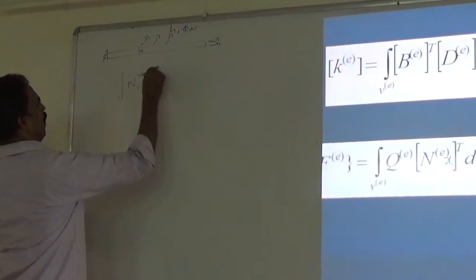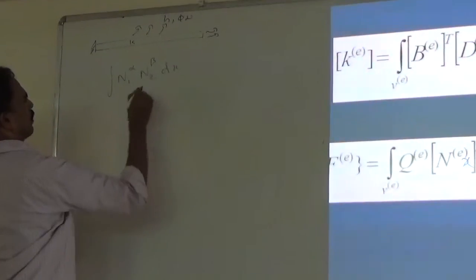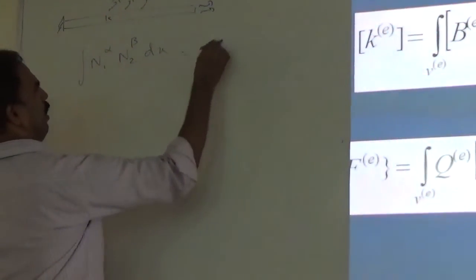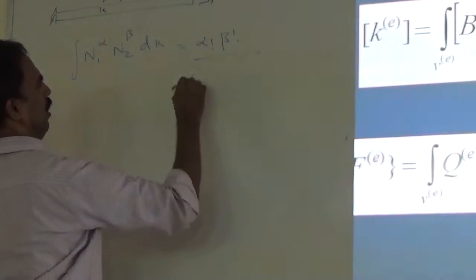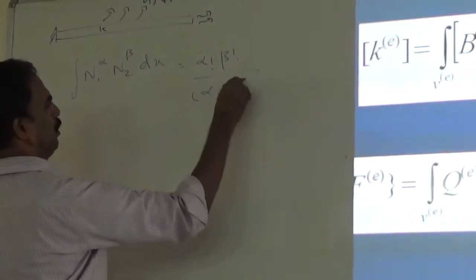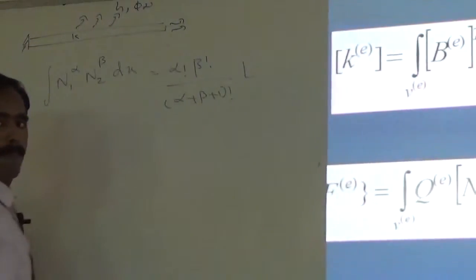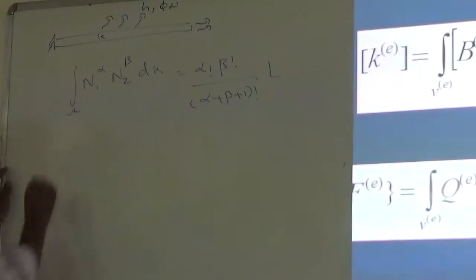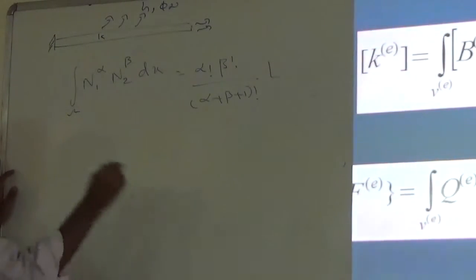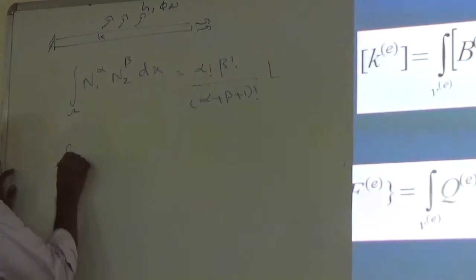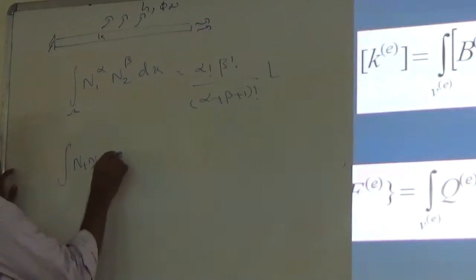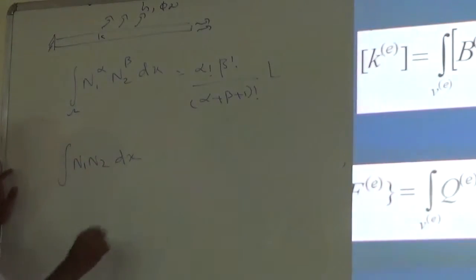The integral of N1 to the power alpha, N2 to the power beta, dx is alpha factorial, beta factorial, over alpha plus beta plus 1 factorial, into L, over a domain.